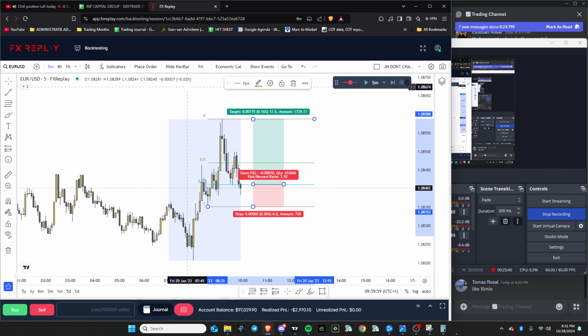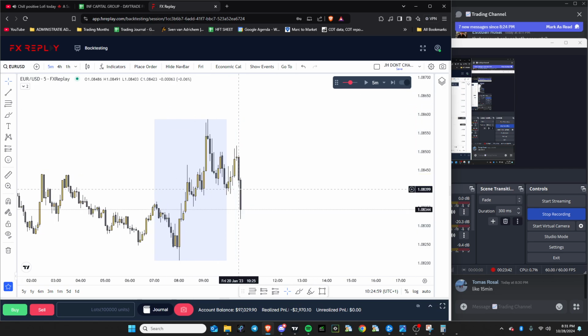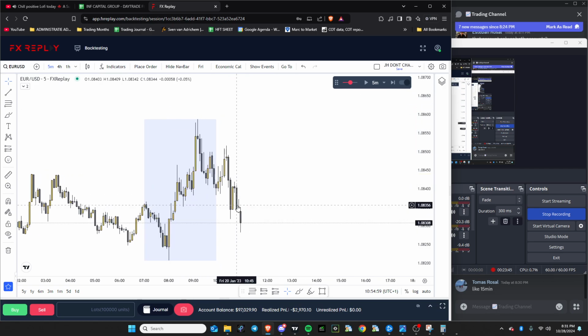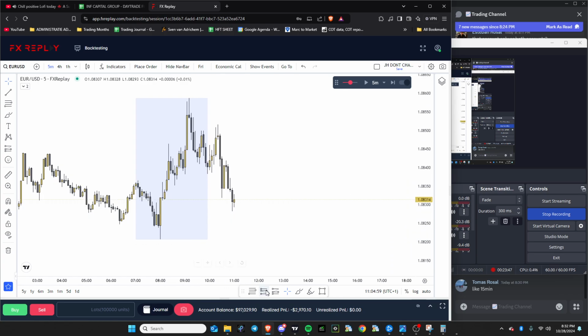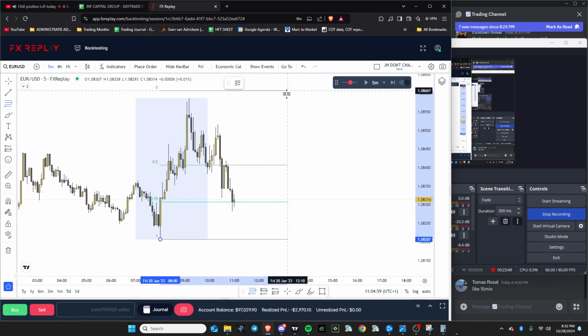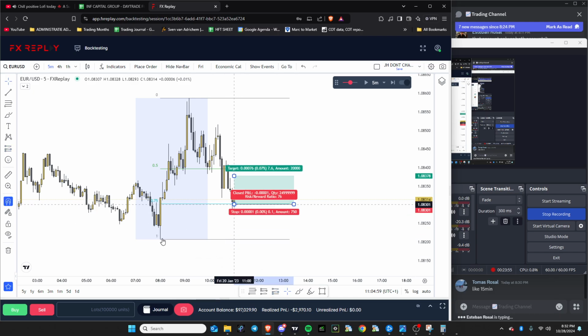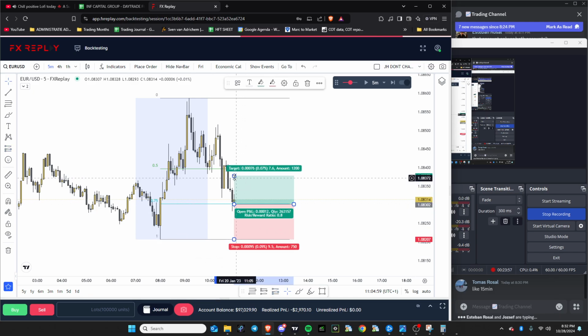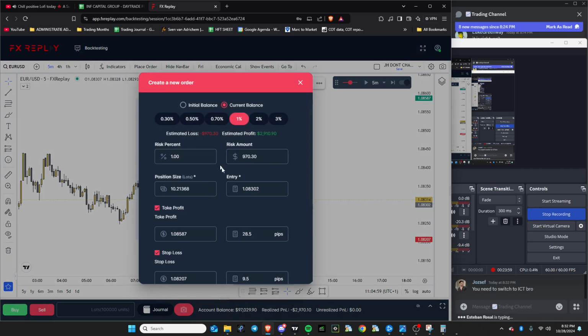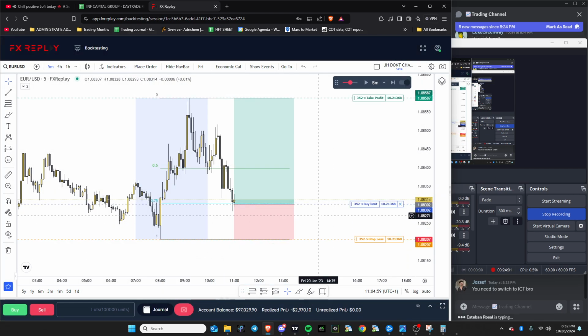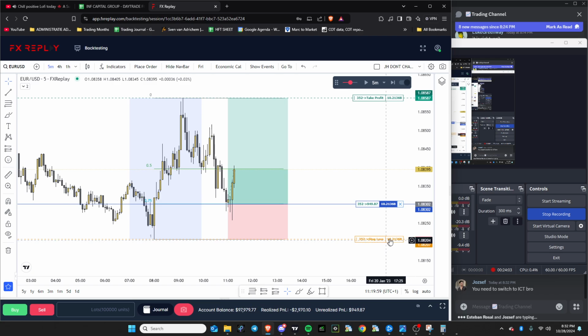Womp womp. My strike rate generally is around 90%. I wish I had a strike rate of about 90%. I wish I was ICT. No. Oh no. I need to switch to ICT. Yeah, I've heard he's a really good trader.